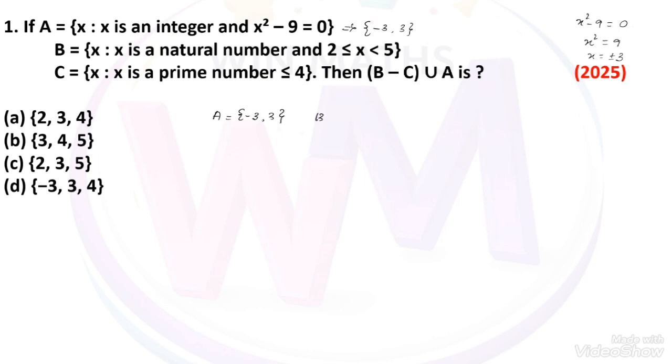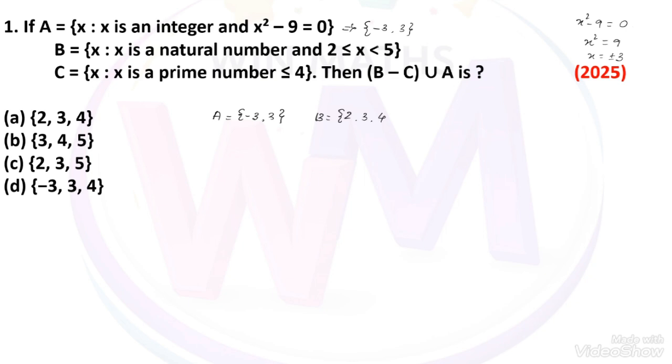Then what about the set B? X is a natural number which lies between 2 and 5. What are the elements between 2 and 5? Here the endpoint 2 is included, so the numbers will be 2, 3, 4.